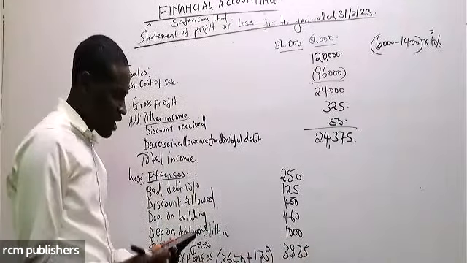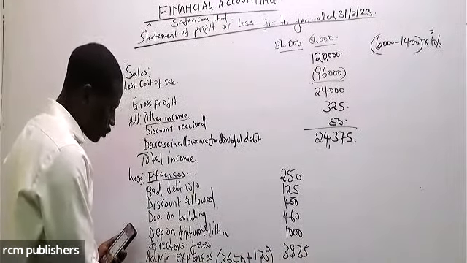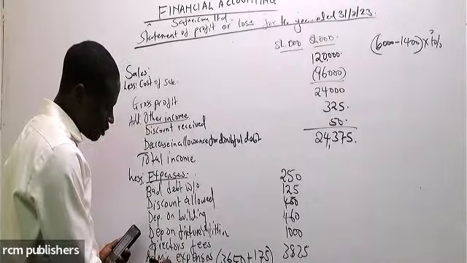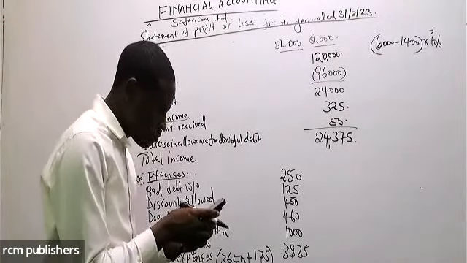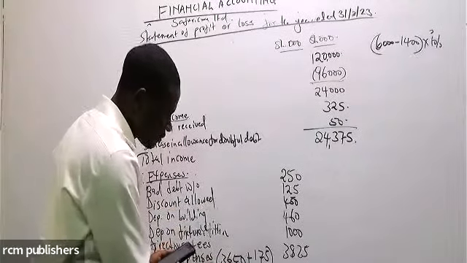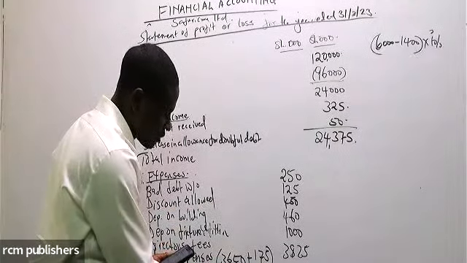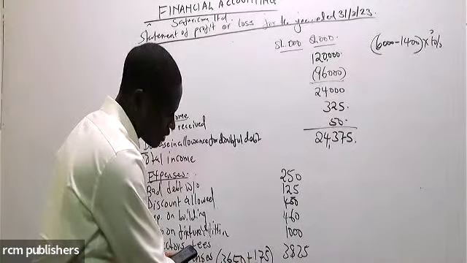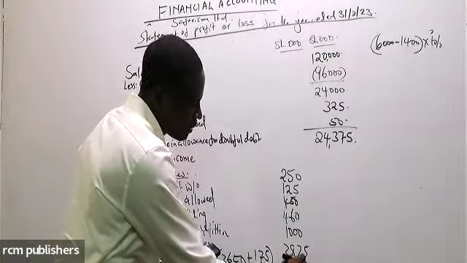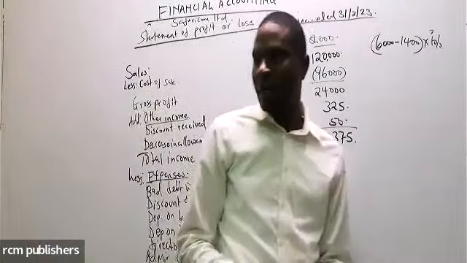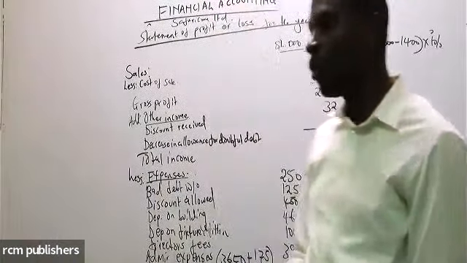And for the other, selling and distribution will be 4,175 minus 75 because it was prepaid, so it will remain to be 4,100.